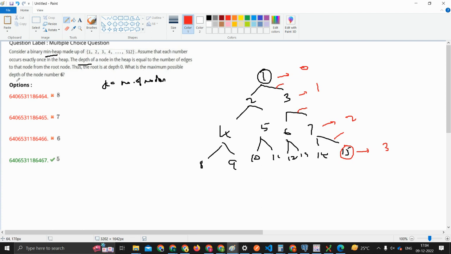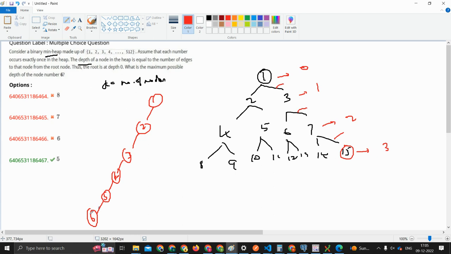So what is the maximum possible depth of node number 6? Ideally they are talking about 1, 2, 3, 4, 5, 6.